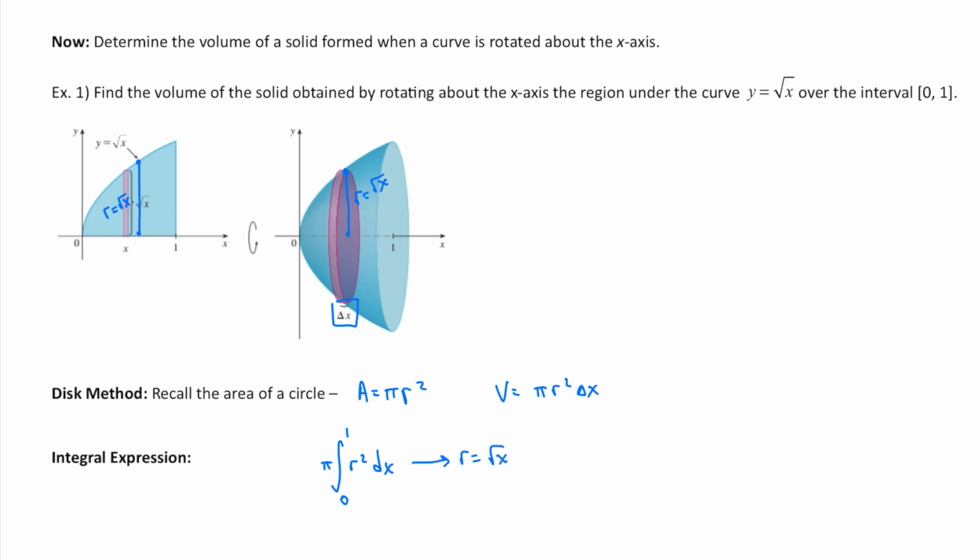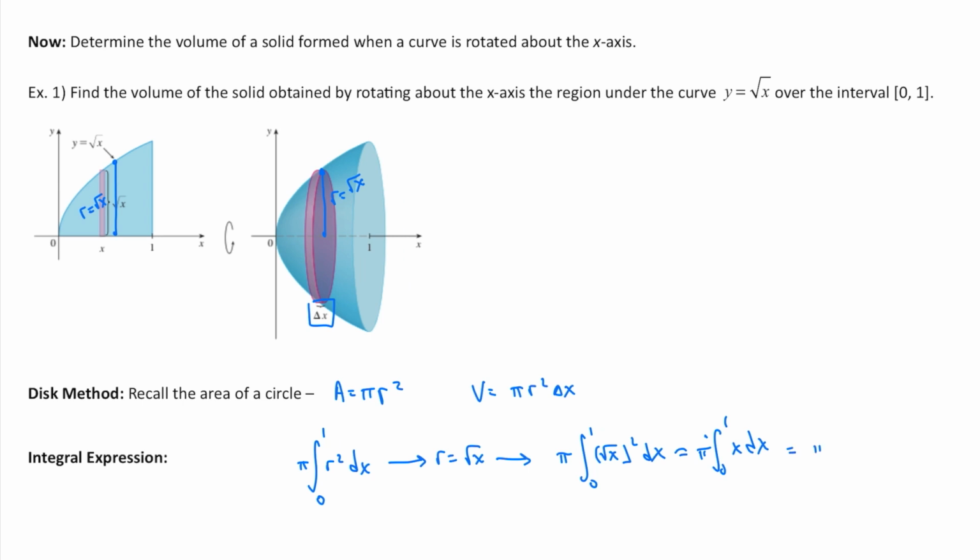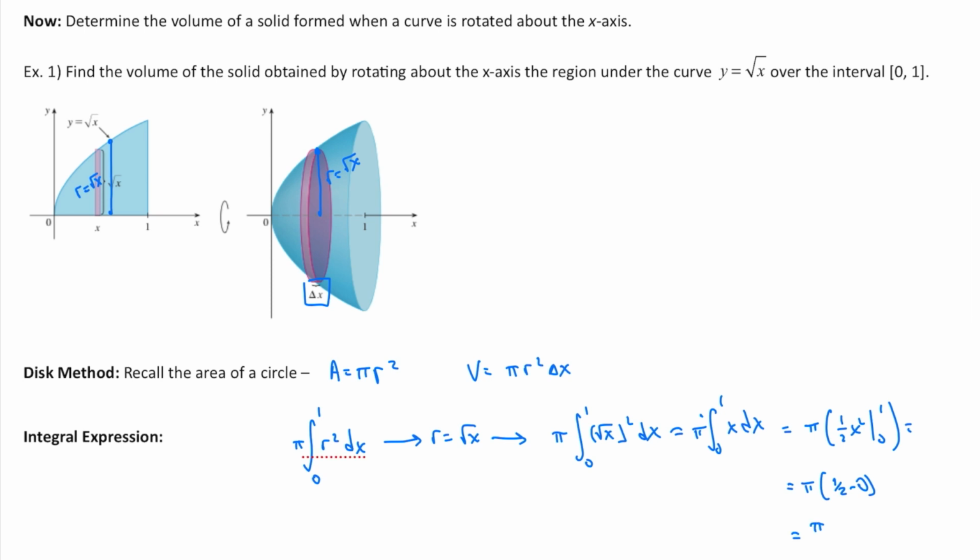So if I combine these two ideas, that's going to rewrite our integral as pi times the integral from 0 to 1 of the square root of x, squared, dx, which is then pi times the integral from 0 to 1 of x dx. That gives us an expression that we can evaluate. That's going to be pi multiplied by 1/2 x squared, evaluated from 0 to 1, which then gives us pi multiplied by 1/2 minus 0, or our volume is going to be pi over 2.